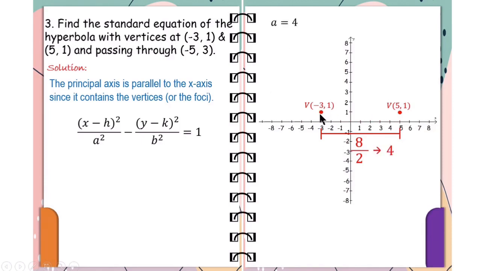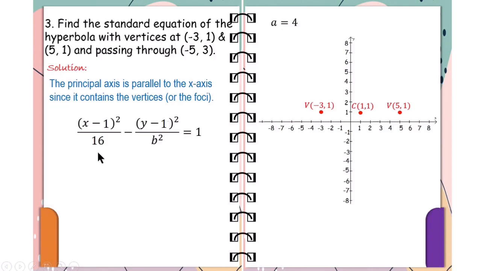So from this point, we count 4 units to the right. And from this point, we also count 4 units to the left. Therefore, the center is at (1, 1), where h is equal to 1 and k is also equal to 1. Since we have a, which is 4, a squared is equal to 16. 4 squared is 16.